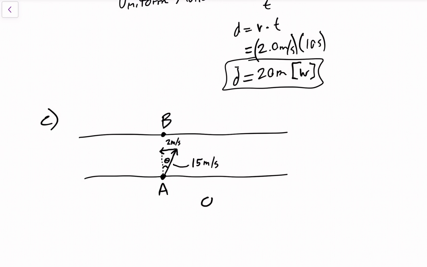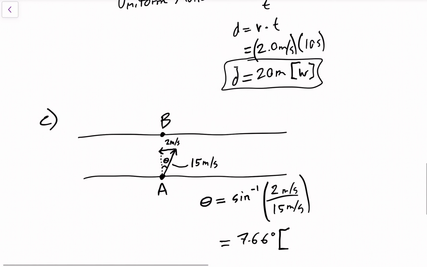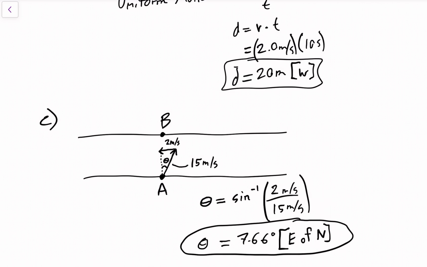That angle is just going to be the arc sine, or the inverse sine, as people often like to say, of 2 meters per second divided by 15 meters per second. We could have gone through and figured out distances instead, but it's going to work out the same if we use the speeds here, so we might as well save some time. If we figure out the arc sine of this, it is 7.66 degrees, and if we want to be precise, that is 7.66 degrees east of north. So if you head in that direction, you should end up directly across the river.